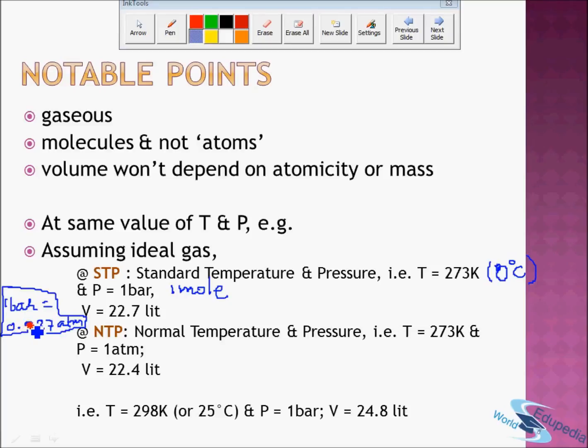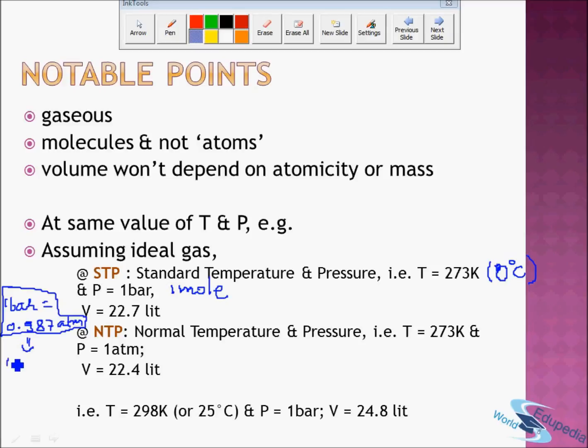Basically, for your calculation parts, for your numericals in your exam, whether in your school exam or in other competitive exams, we always approximate that 1 bar is approximately the same as 1 atmosphere. See the difference, it is very slight. 1 bar is 0.987 atmosphere.